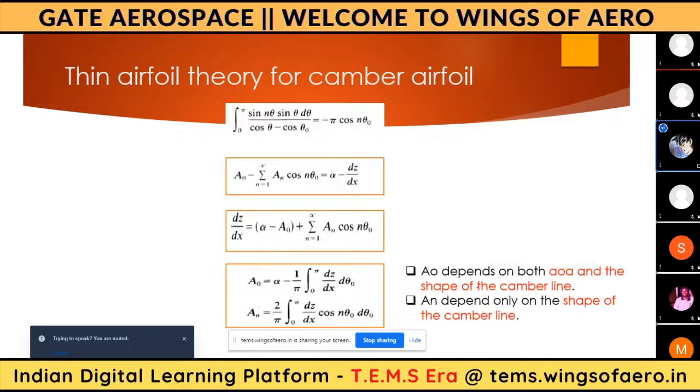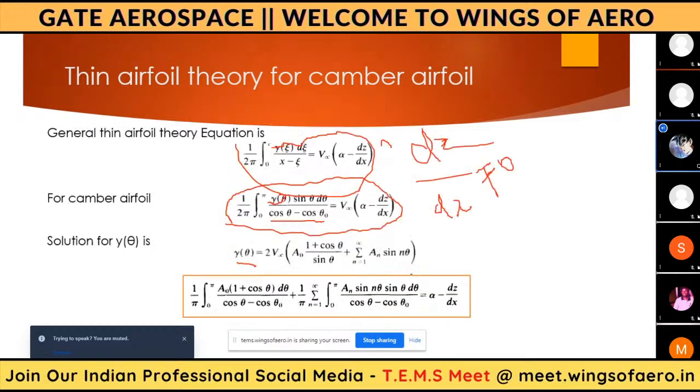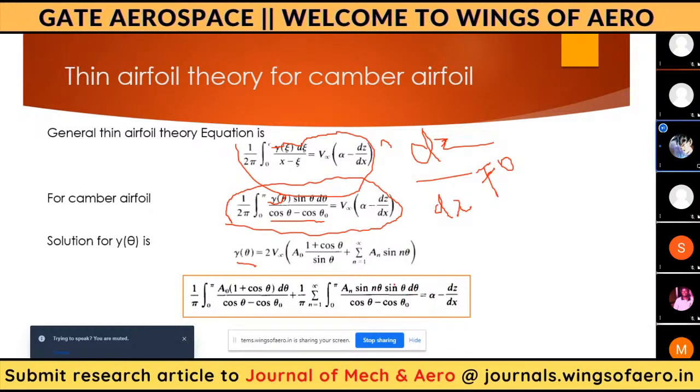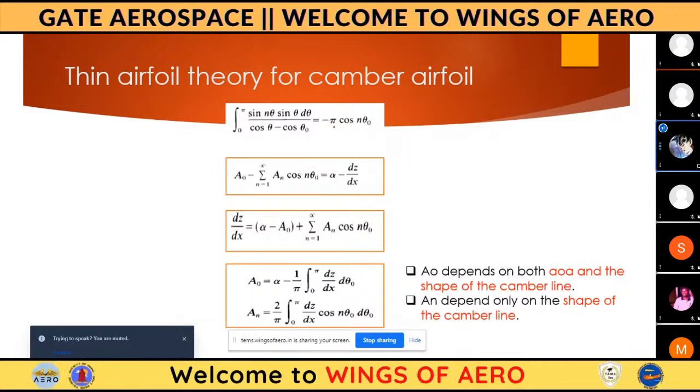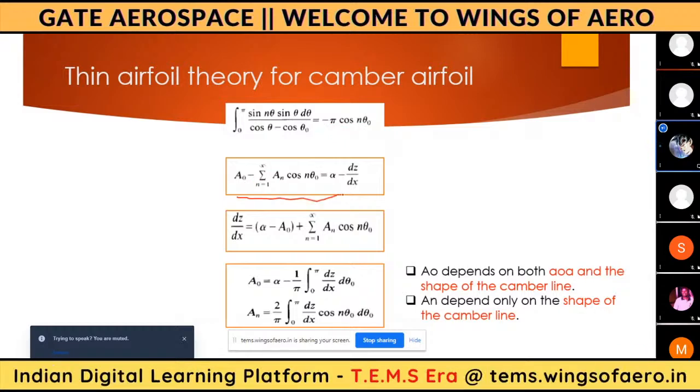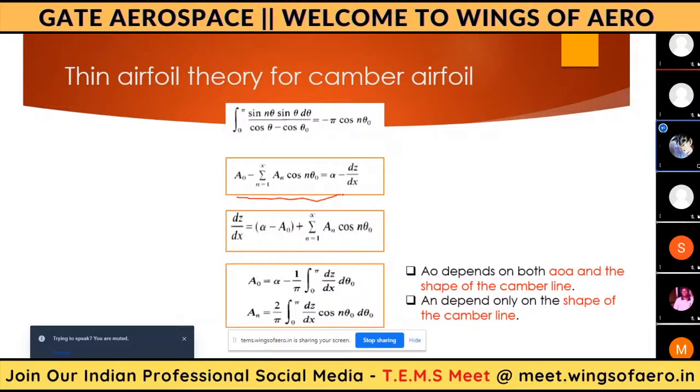So for solving, we will be taking the trigonometric terms, the integrals of sin n theta sin theta d theta divided by cos theta minus cos theta naught. By substituting the trigonometric terms, we will get alpha minus A naught minus the summation of n equal to 1 to infinity An cos n theta naught, that is equal to alpha minus dz by dx.